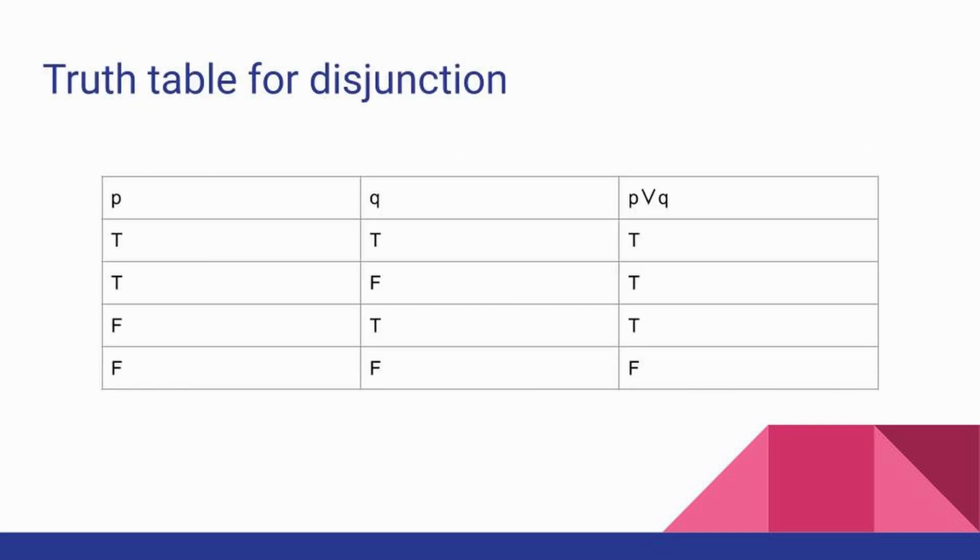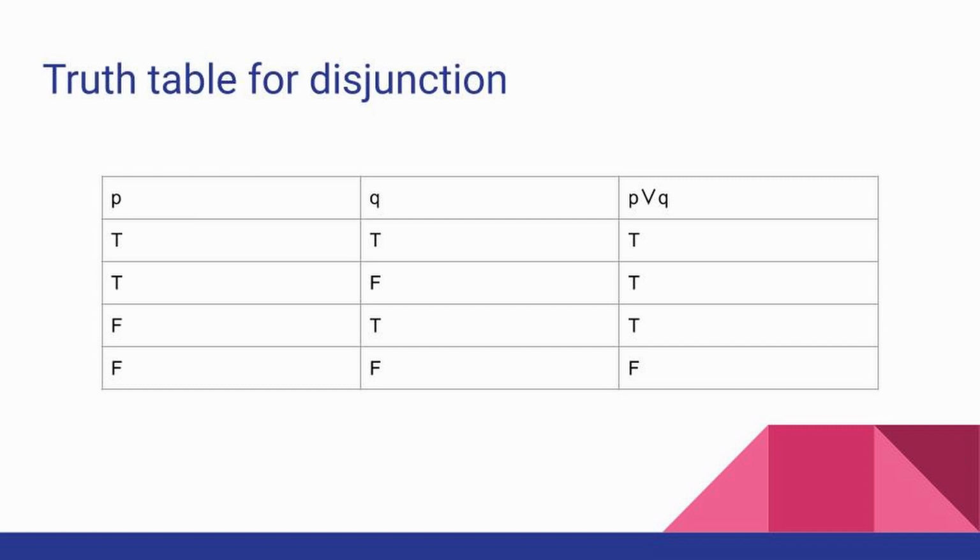Now the truth table for disjunction. Here also we have 3 columns. In the first one P, second one Q, but in the third column you will be writing P disjunction Q. The possibilities for P and Q will be the same, but in the third column, if P and Q both are true, you will get true.